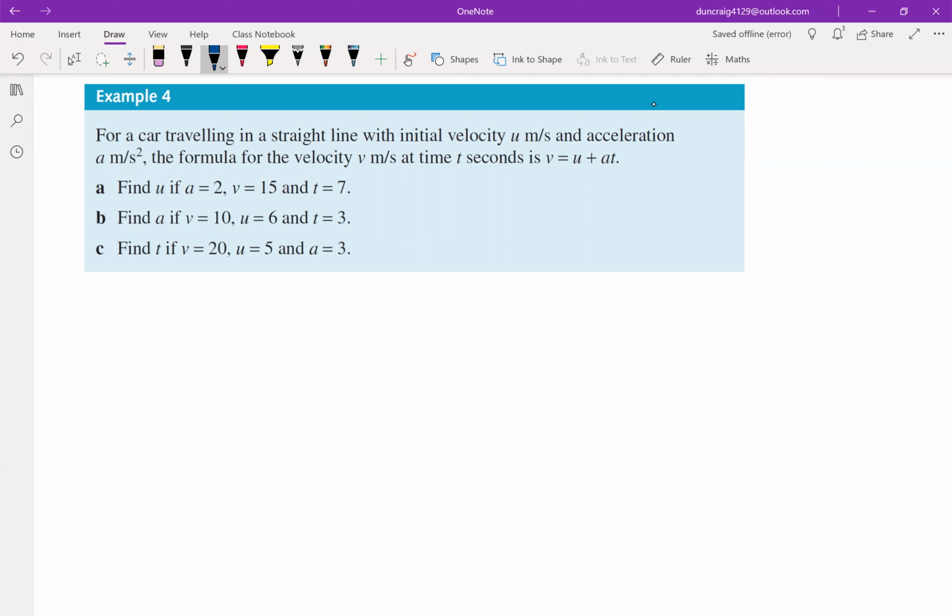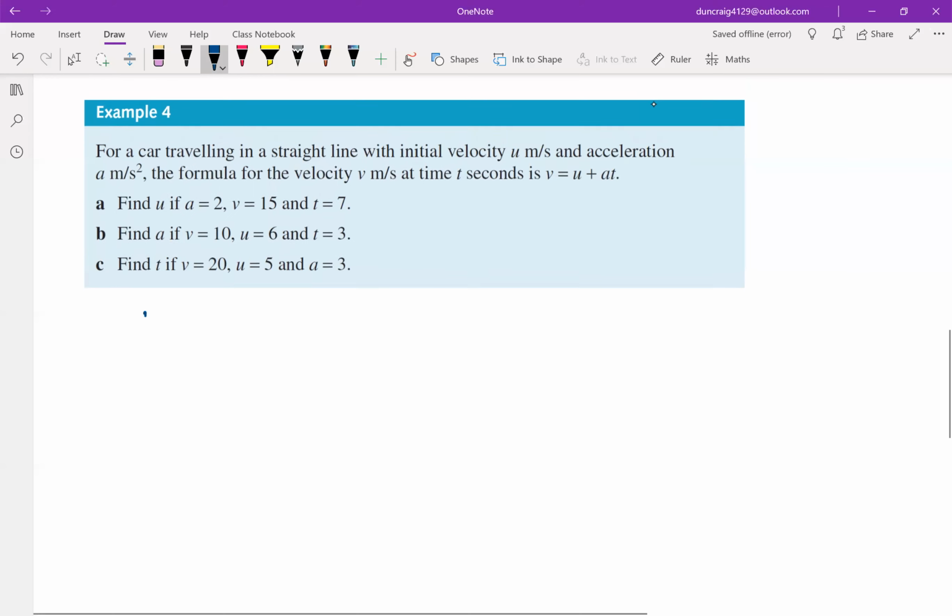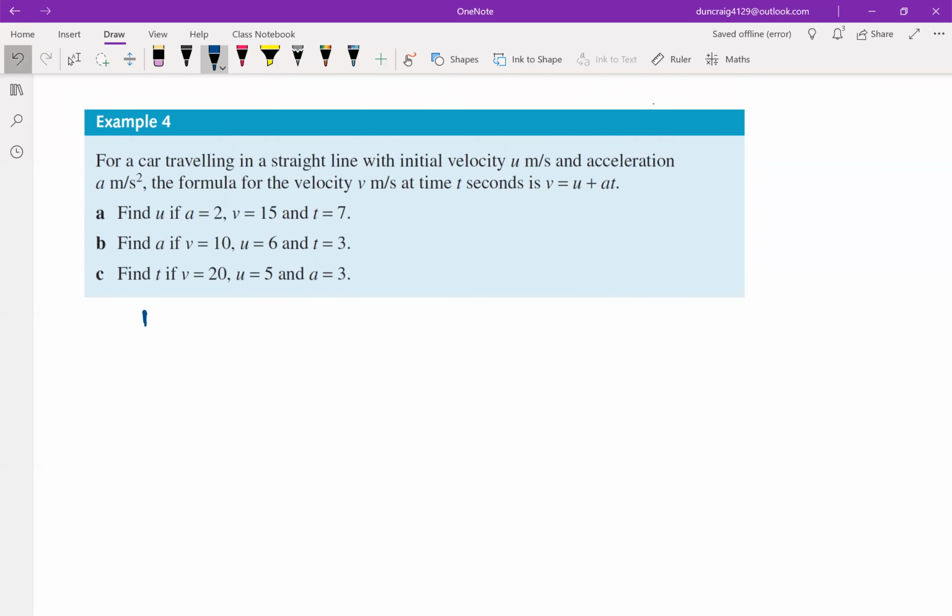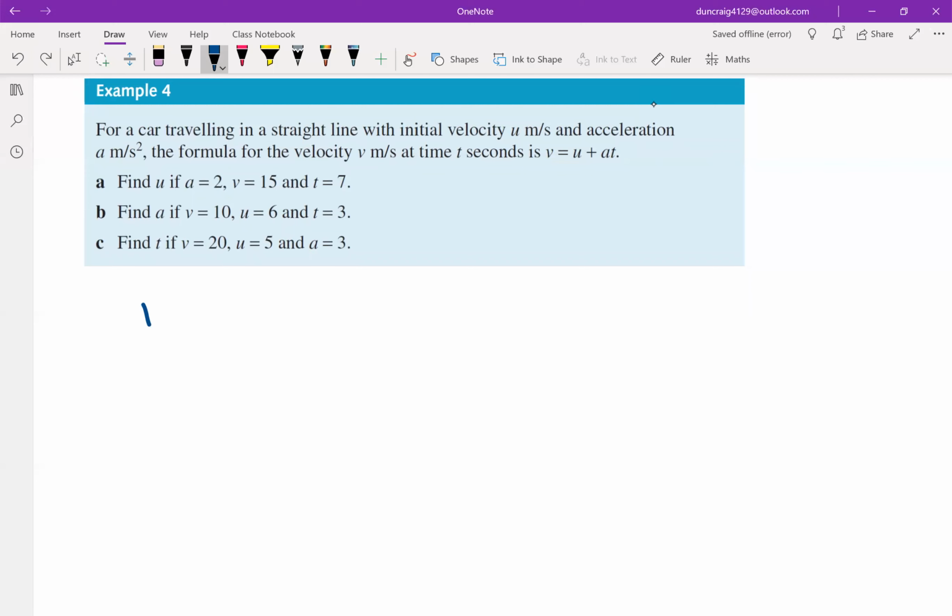So I'm going to write that down: v is equal to u plus at. That's my formula there. For part A, we want to find u if a is 2, v is 15, t is 7.